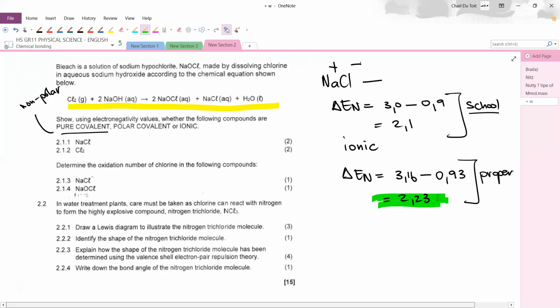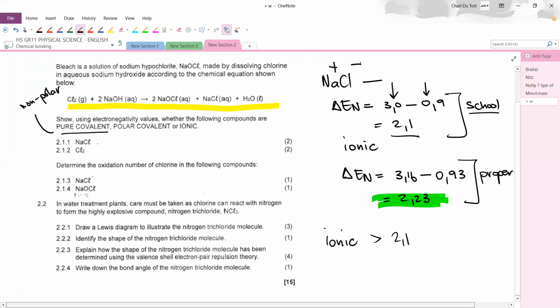I know that you have the following in your textbook. Ionic is greater than 2,1. But because you've used rounded off values, you get a rounded off value. I didn't use rounded off values. I get 2,23. But anyway, that's a problem.